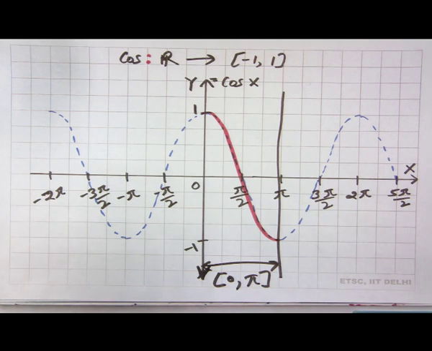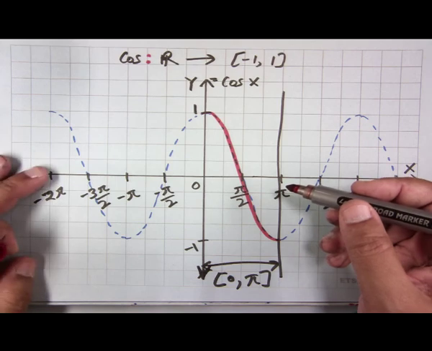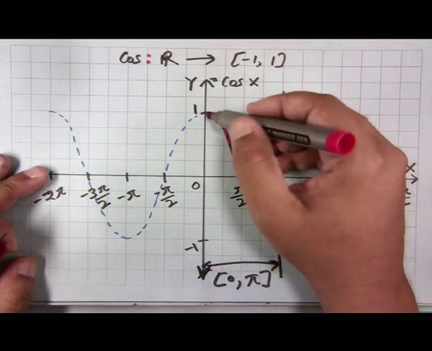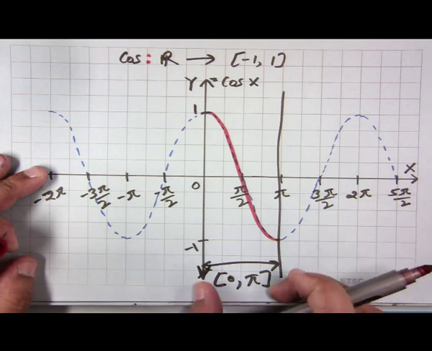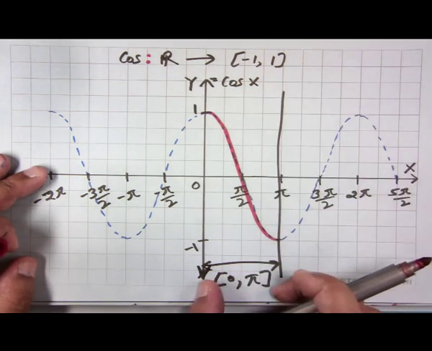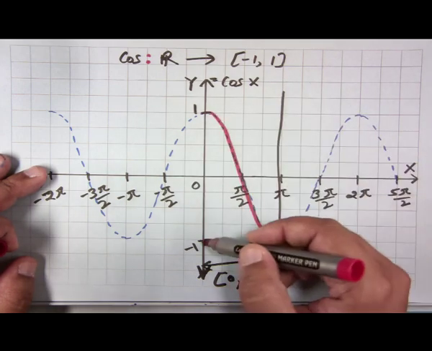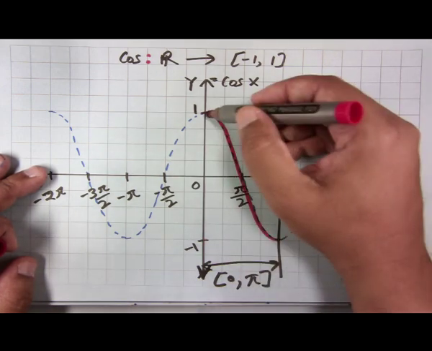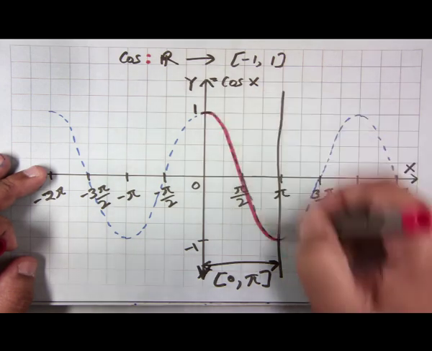then the graph of the cos function will be like this. And again what we see is that just like for the case of the sine function, the entire range is covered even if we restrict the domain to 0 to pi. The range of the cosine function when restricted to this 0 to pi interval is still all values between 1 and minus 1, because this red curve is continuous between 1 and minus 1.